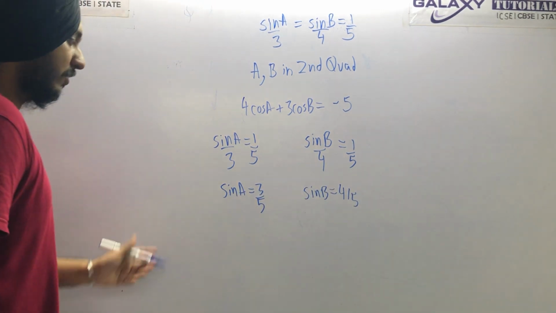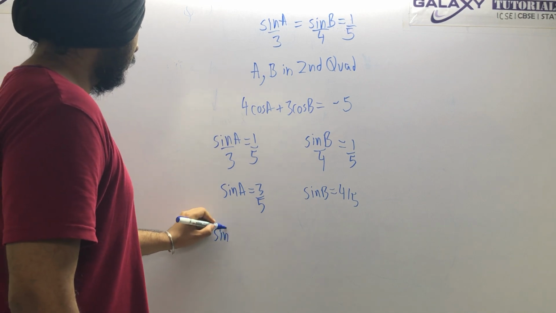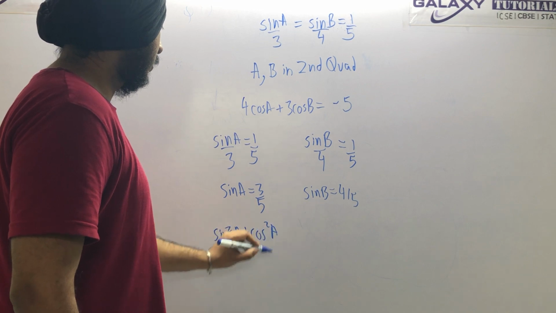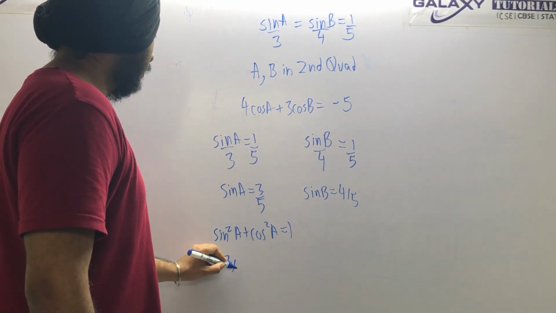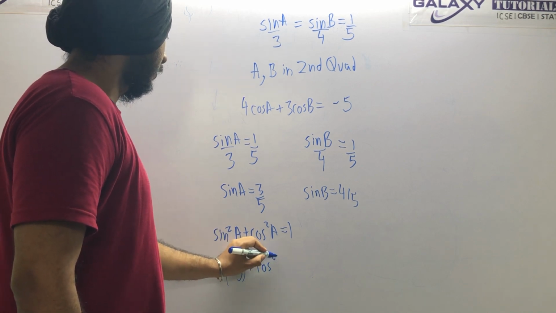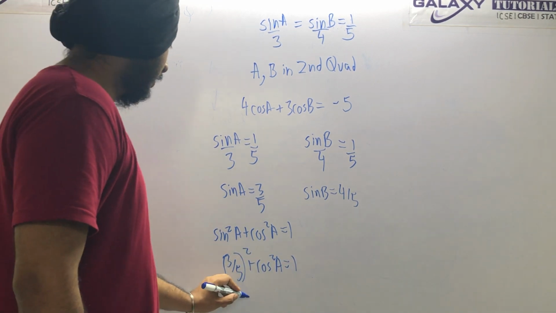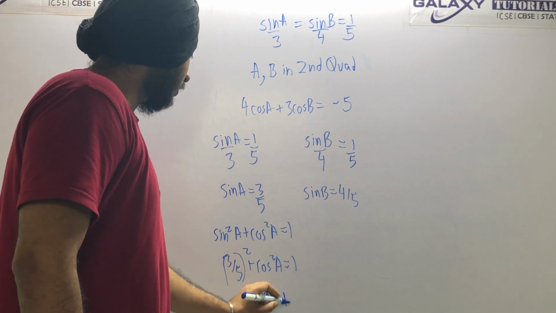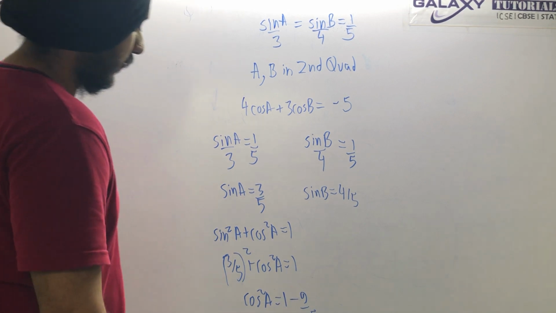Now you know sin A, you can find cos A. So sin square A plus cos square A is equal to one. So this will be 3 by 5 square. Okay, so cos square A is equal to 1 minus 9 upon 25.